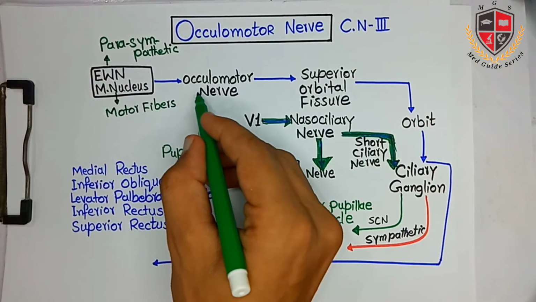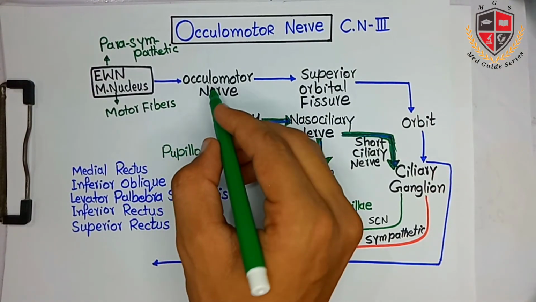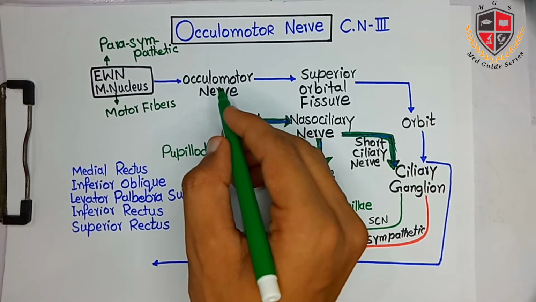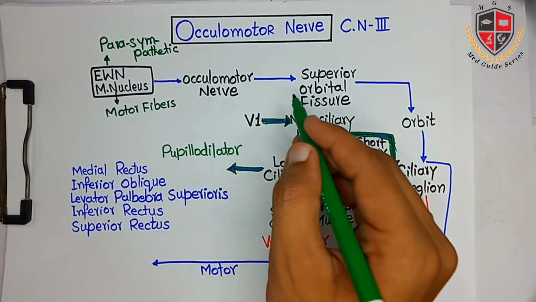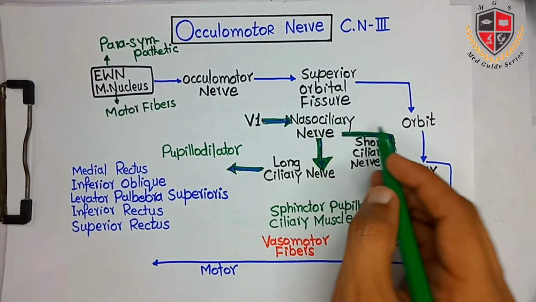Then the oculomotor nerve passes through the lateral wall of the cavernous sinus, and after emerging passes through the superior orbital fissure and enters the orbit.